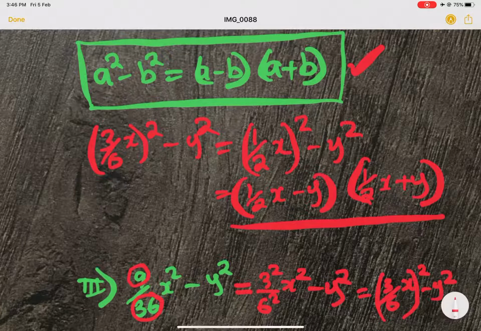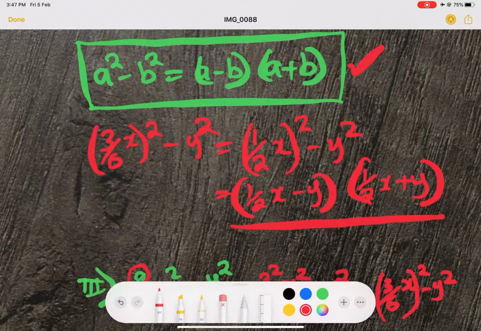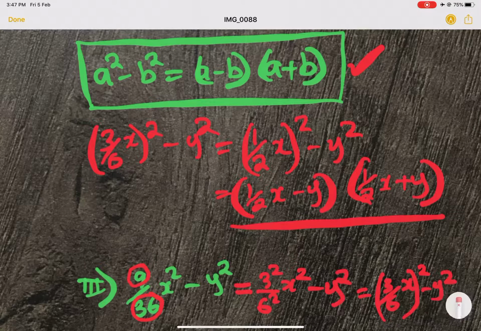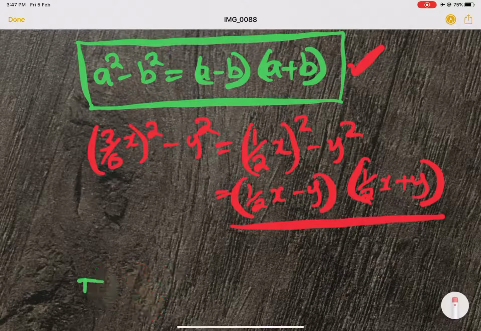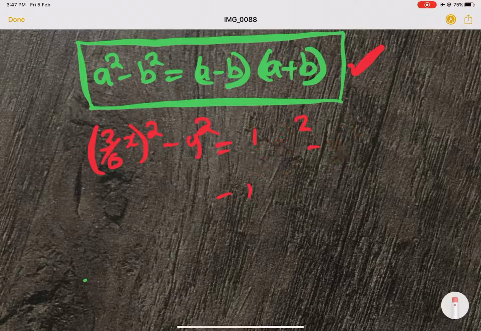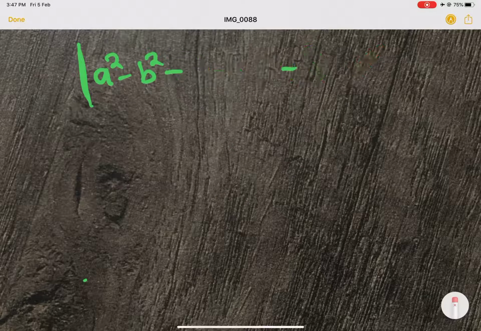Okay. Allow me to solve the fourth question on difference of two squares. Fourth question.